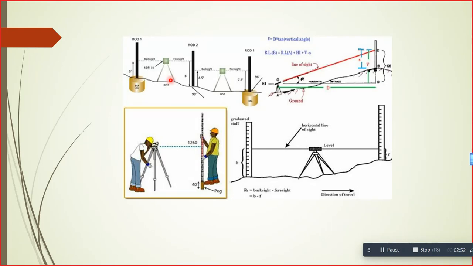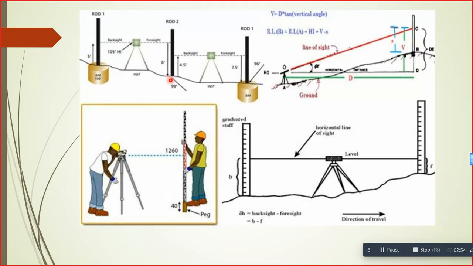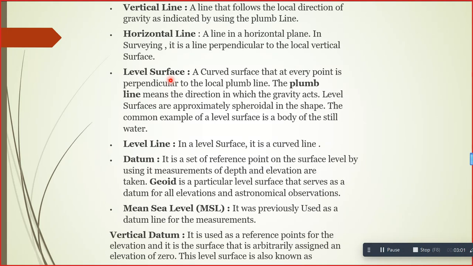Let us proceed. I would like to request Kennedy Mwangi to read for me the vertical line. A vertical line is a line that follows the local direction of gravity as indicated by using the plumb line. Very good. Continue. Horizontal line.